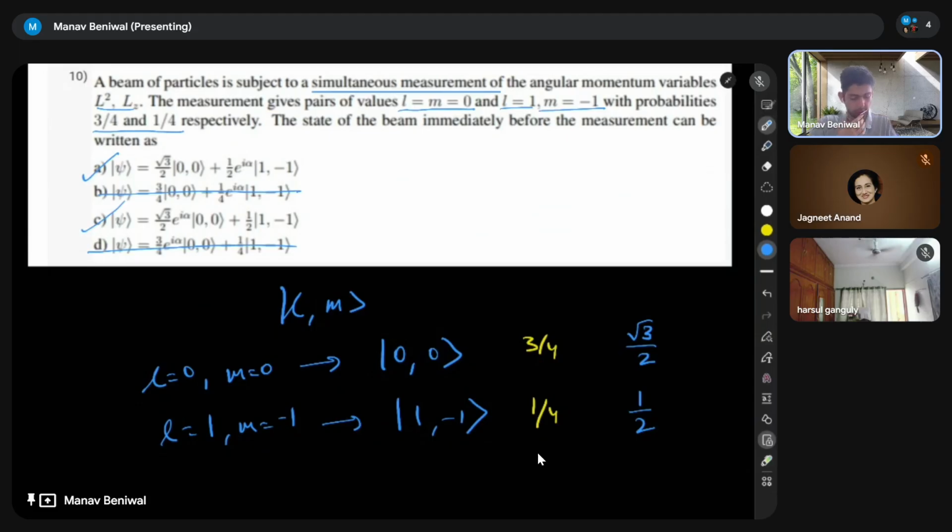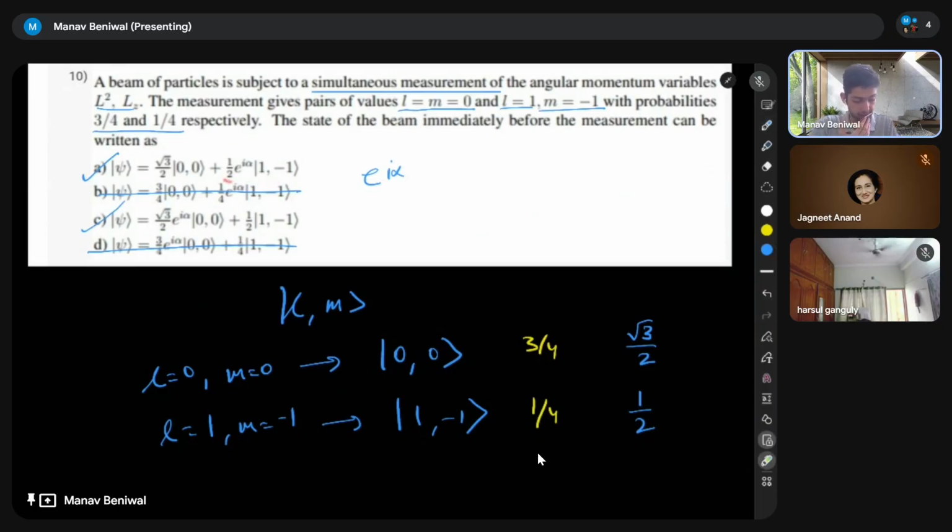Now if you look at the options, clearly we can eliminate B and D. In option A, we have this phase e to the iota alpha with the second state, and for option C, this phase is with the first state, the 0 0 state.